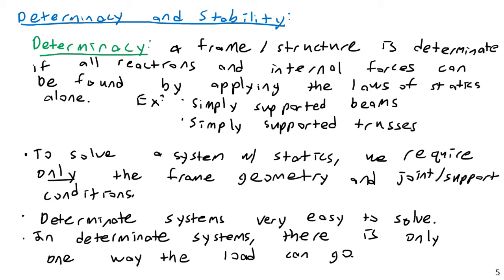What allows us fundamentally to solve for all of these internal forces in our members is that, based on the geometry, we're restricted to only one single possible set of load paths. So in other words, say I have a truss, with a top chord and a bottom chord.